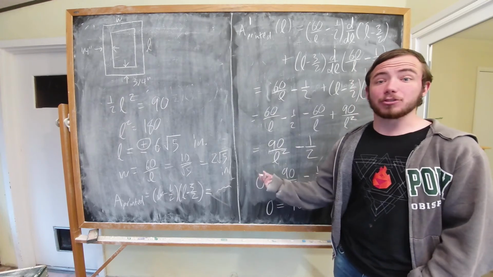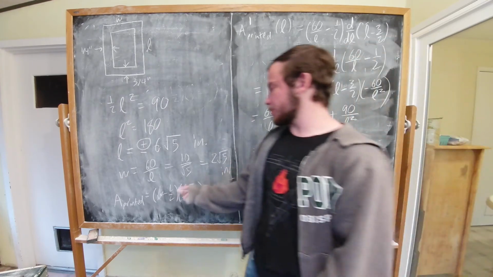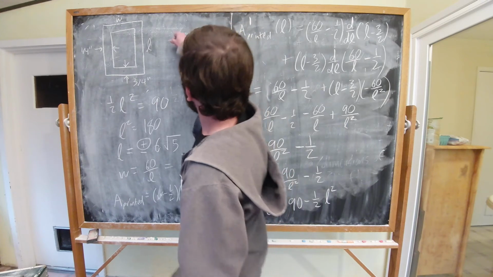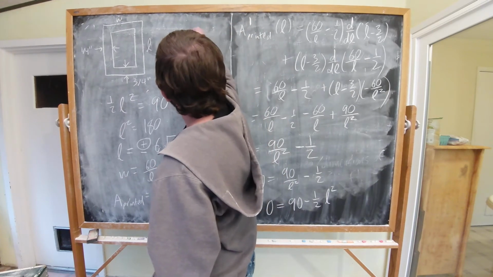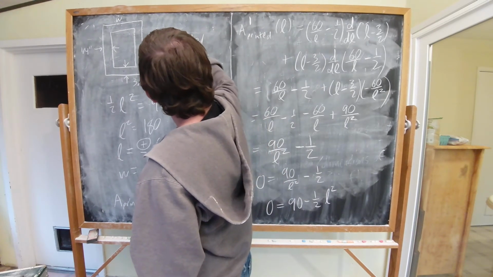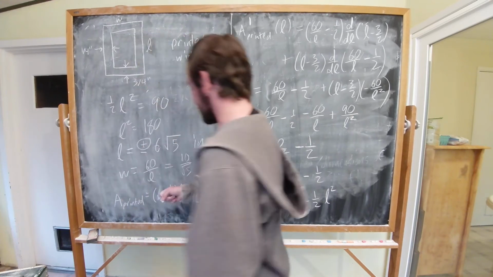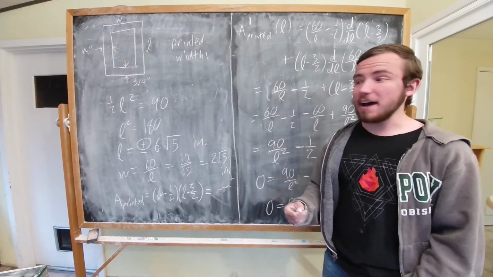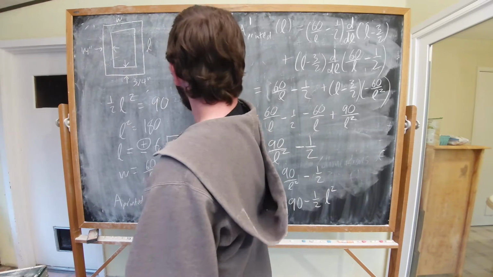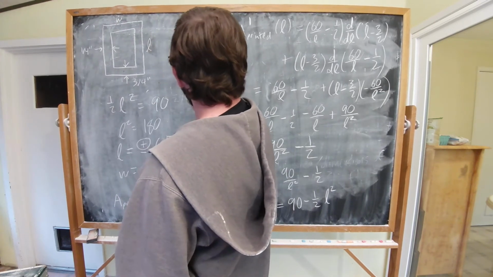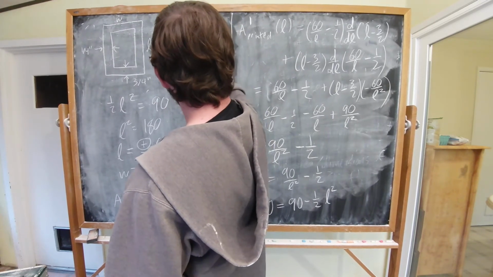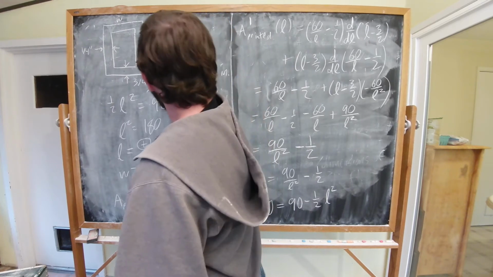And then as for the actual dimensions of the printed page, the printed width is W minus 1/2. So you'd end up with 2 square root of 5 minus 1/2 inches.